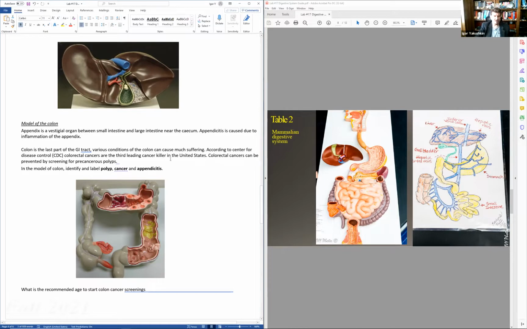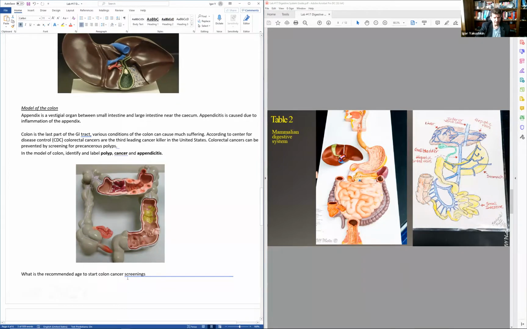And of course, according to the CDC, you should be about 50 or so to start with the colonoscopy. So for colon cancers, polyps are growths in this large intestine, which might become malignant and start developing into cancer, etc.